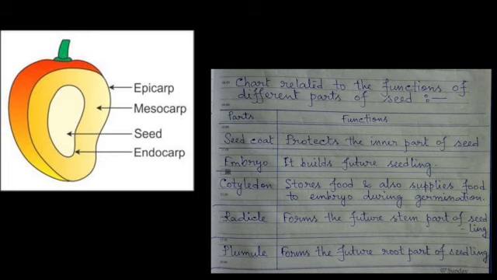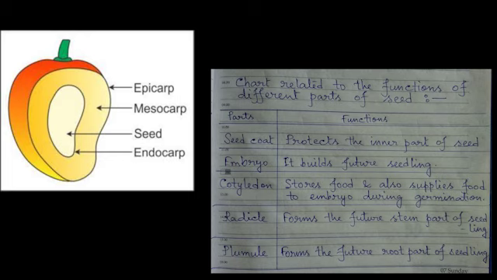Anyway, now come to page number 204. Here is a yellow chart where the detailing of an ideal seed structure is present. I think you don't need any explanation from me if you read it carefully.